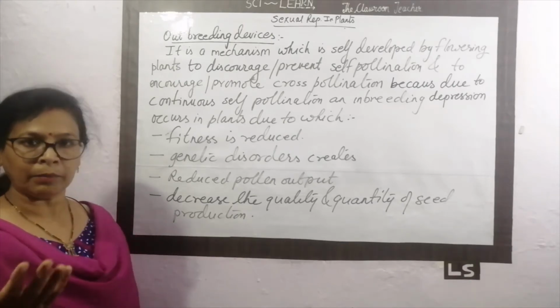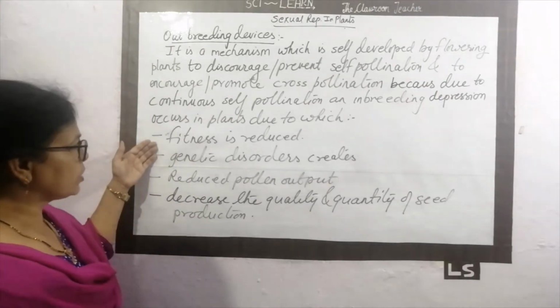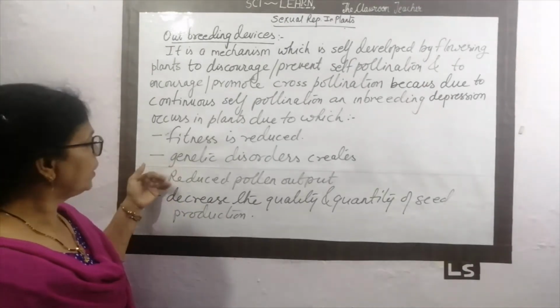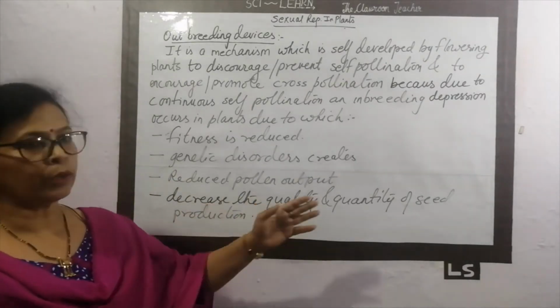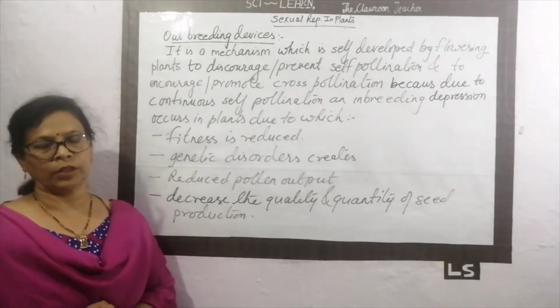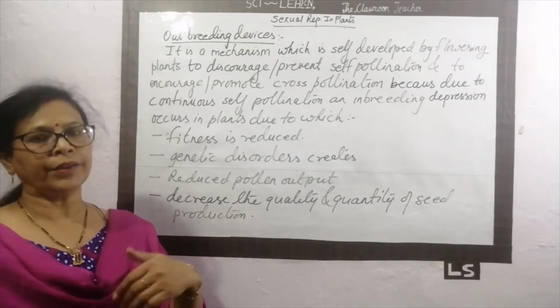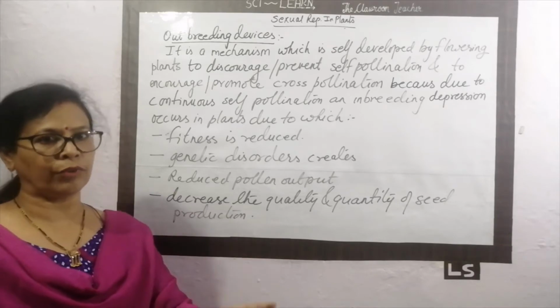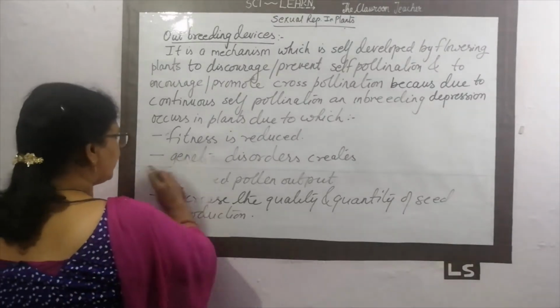Because of the inbreeding depression, their fitness is lost, genetic disorders are created, pollen output is reduced, and the quality and quantity of seed production is also reduced. So whatever process by which the flower gets out from it, that is called the outbreeding device.